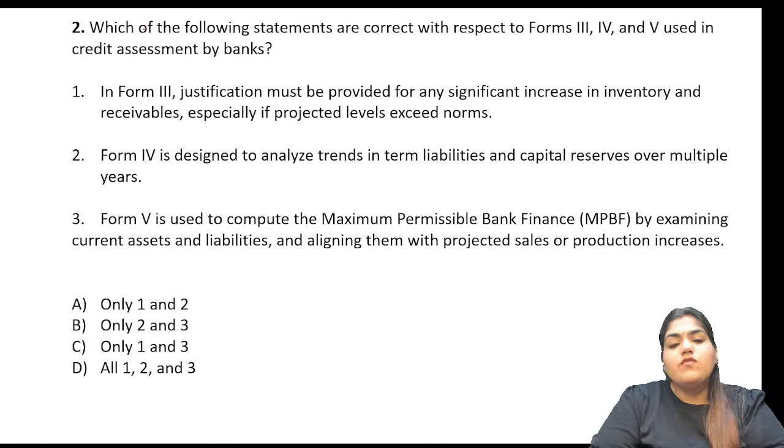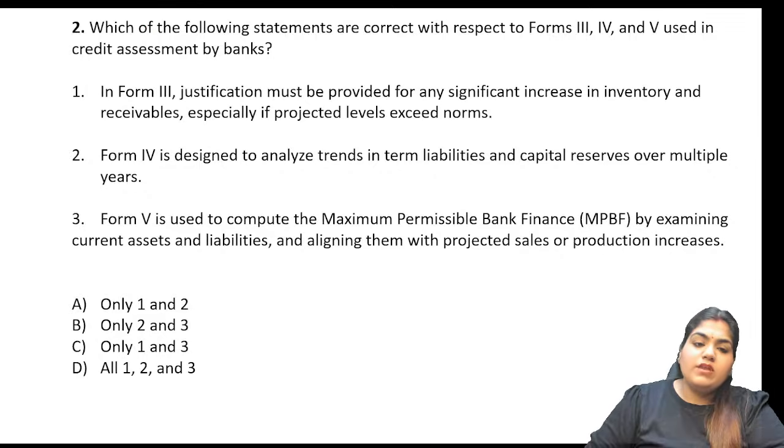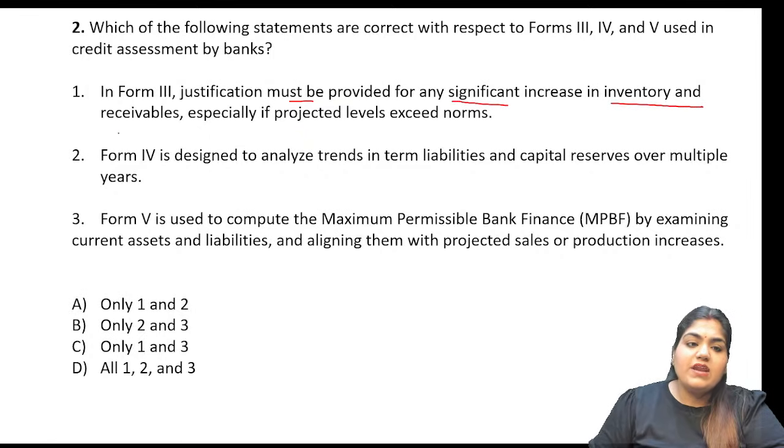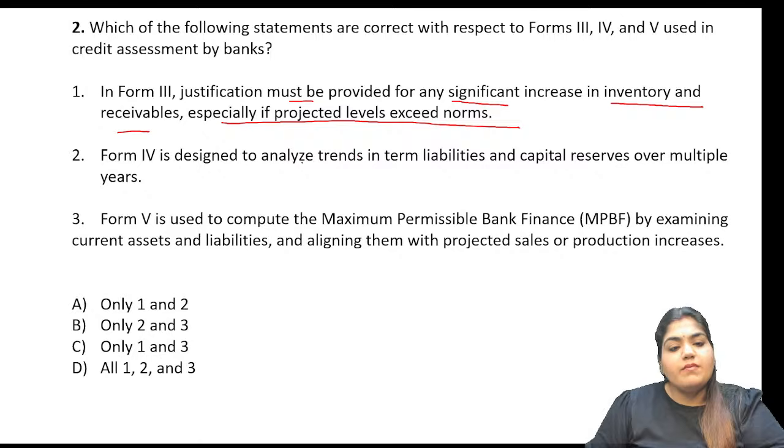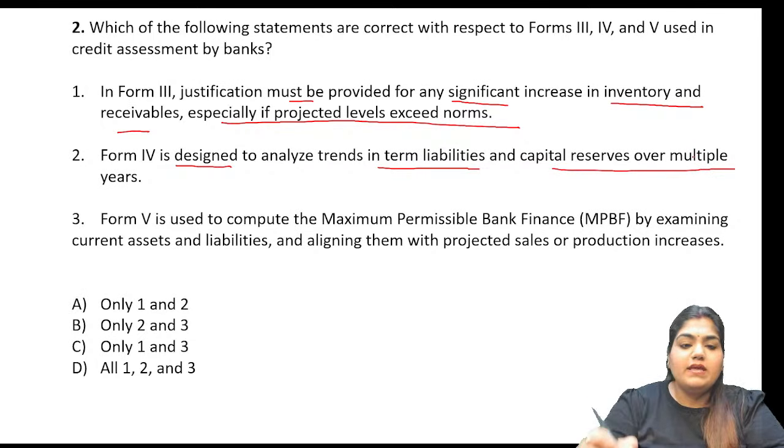Next, which of the following statements are correct with respect to forms 3, 4, 5 used in credit assessment by banks? Form 3 justifications must be provided for any significant increase in inventories and receivables, especially if project level exceeds norm. This statement is correct. Statement number 2. Form 4 is designed to analyze trends in term liabilities and capital reserves over multiple years.